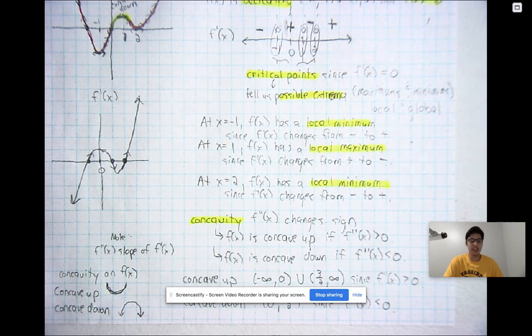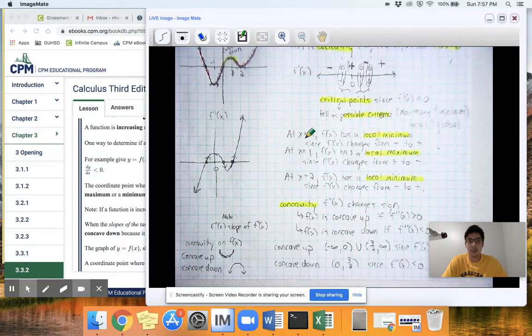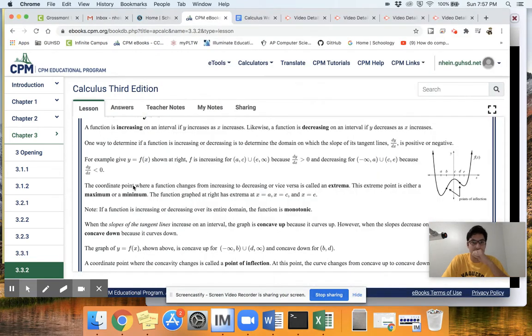Right. Now, before I end this video, let me quickly look at the math notes and make sure that covered everything. All right. So if we look at these math notes, we talk about increasing, decreasing. It did mention dy dx. So dy dx is just another way of saying f prime of x, the changes of y with respect to the changes of x. So it's talking about those finite differences.